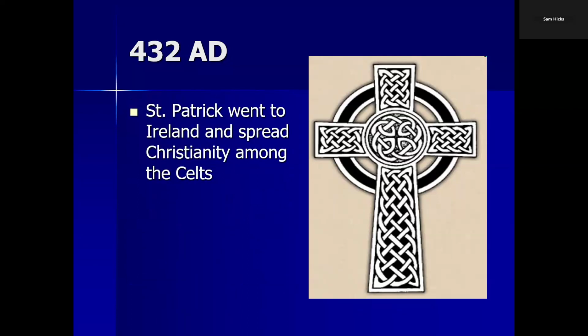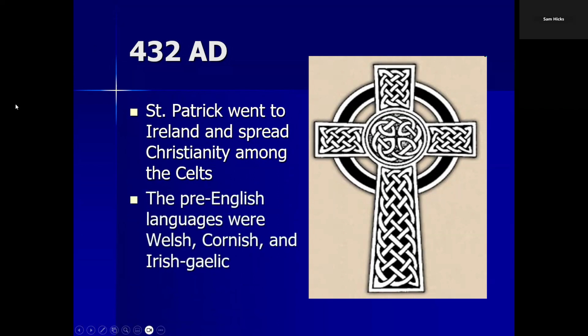Right. In 432, St. Patrick went to Ireland to spread Christianity. He was going to spread that to the Celts. And the pre-English languages we have there: Welsh, Cornish, and Irish Gaelic.